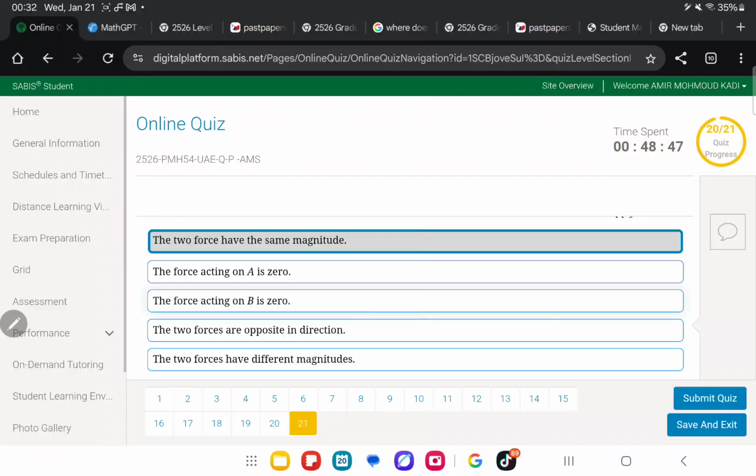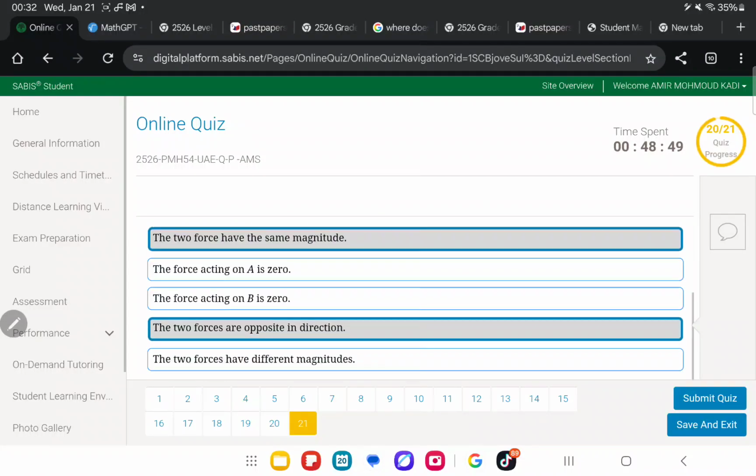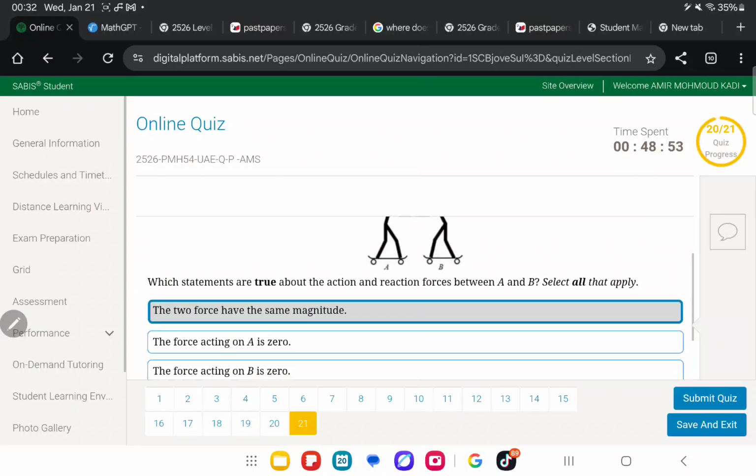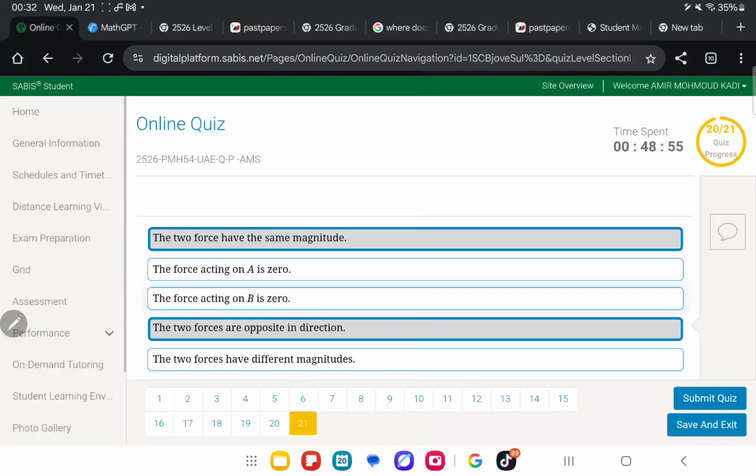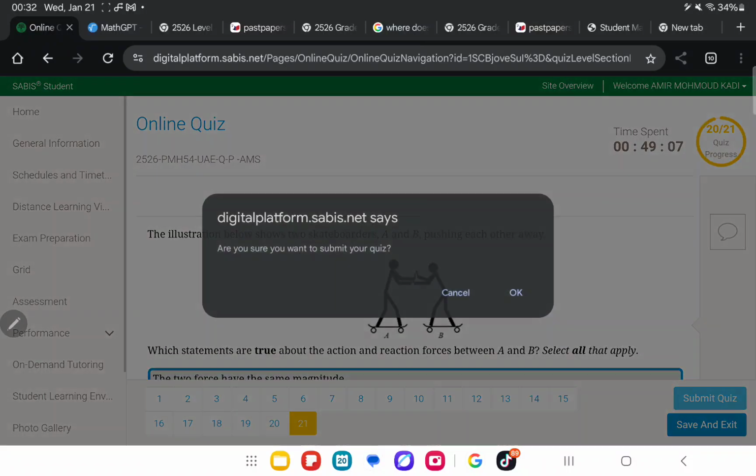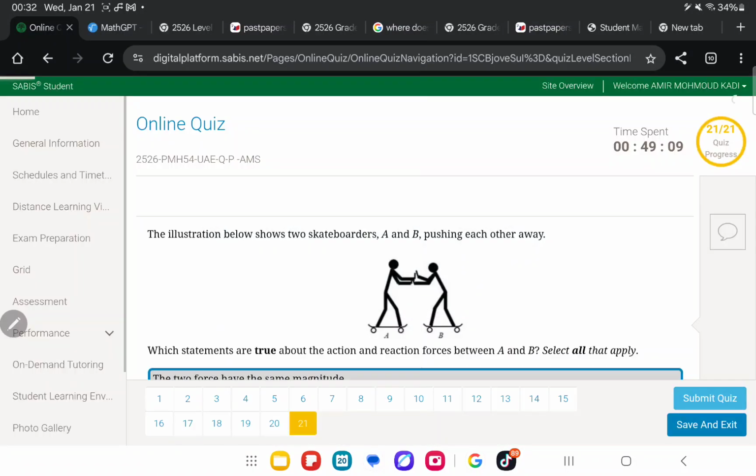The two forces are opposite in direction, yes, because they're both pushing each other. The two forces have different magnitudes. This is wrong, because we already said that they have the same magnitude. It's not different magnitude. It's the same magnitude. So these two are the only answers. Yes, that's it. So I'm hoping for full.